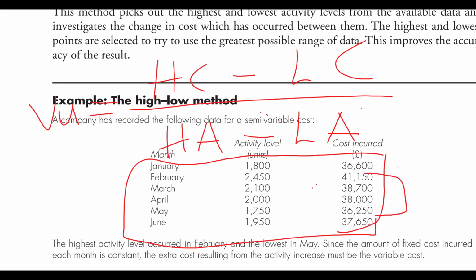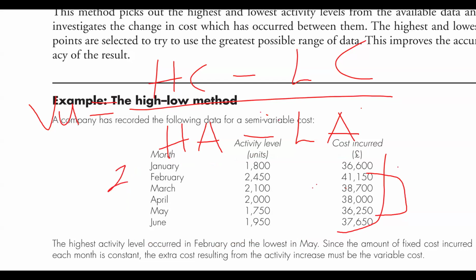Okay. So what about the level of activity? When do we have the highest? Obviously, it's still in February, isn't it? And the lowest is still in May. So let's go. What is the highest cost?